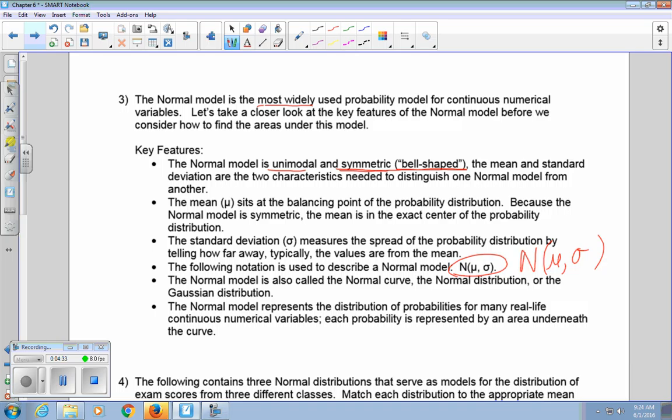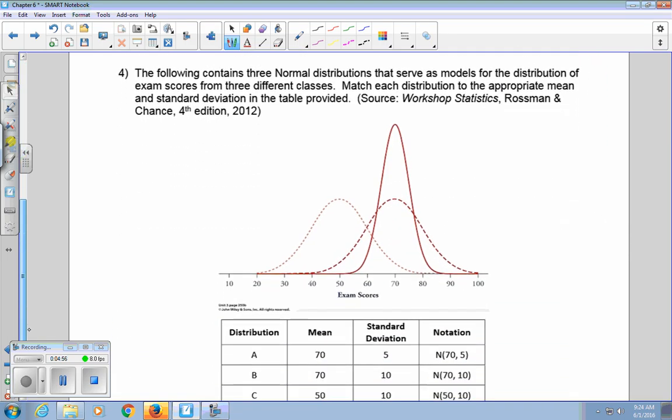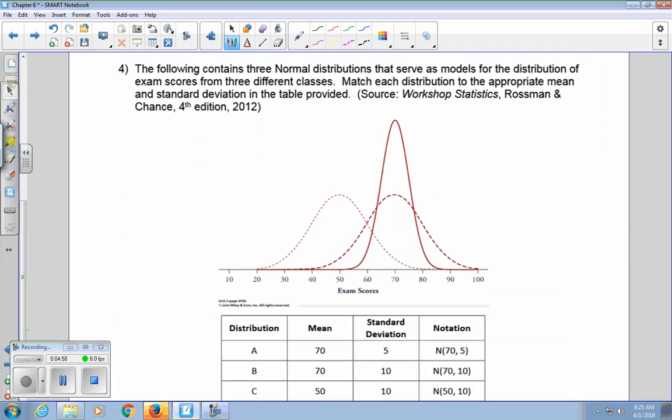The normal model can be called the normal curve, normal distribution, or the Gaussian distribution. It represents the distribution of probabilities for many real-life continuous numerical variables. Each probability is represented by an area underneath the curve. We're going to look at how we can figure out probabilities on the next page.